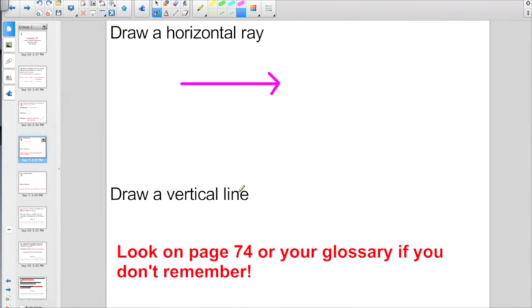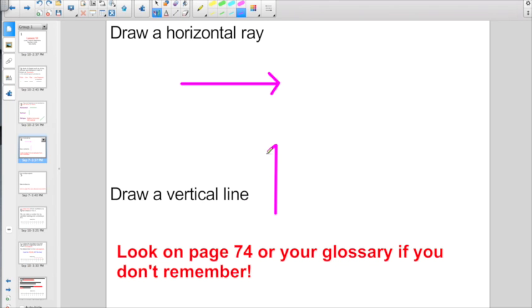Now it says draw a vertical line. Two different words to focus on. First of all, vertical. Straight up and straight down, correct? That is going to be vertical. Now I have to make it a vertical line.